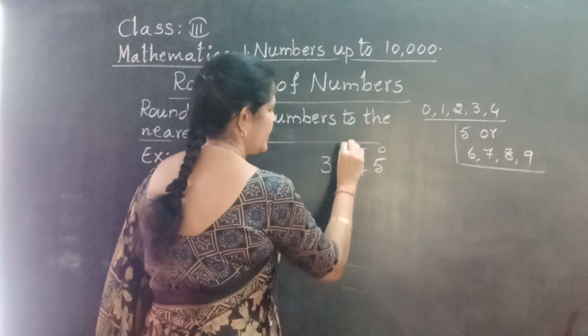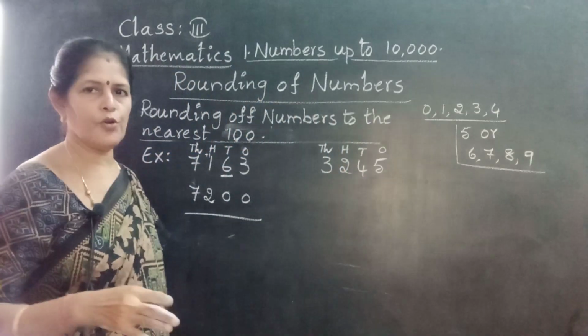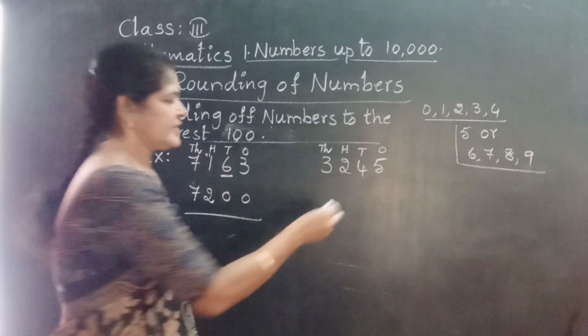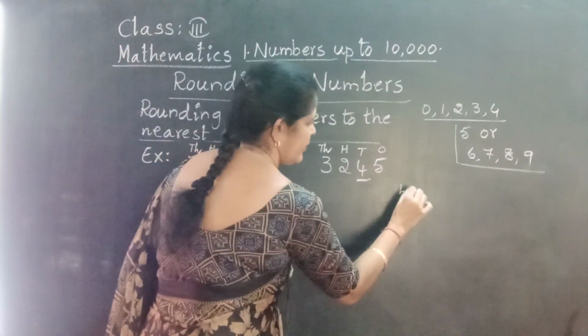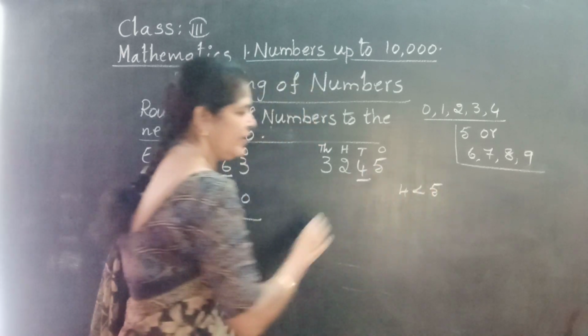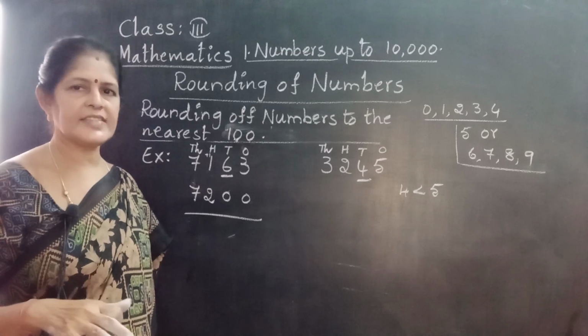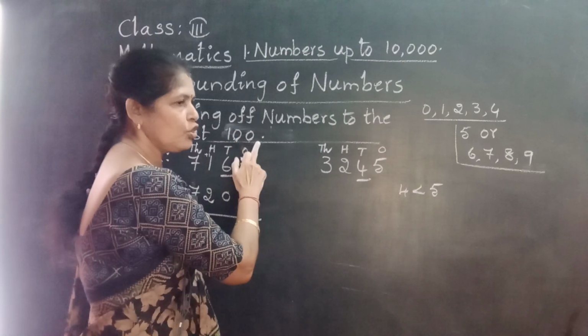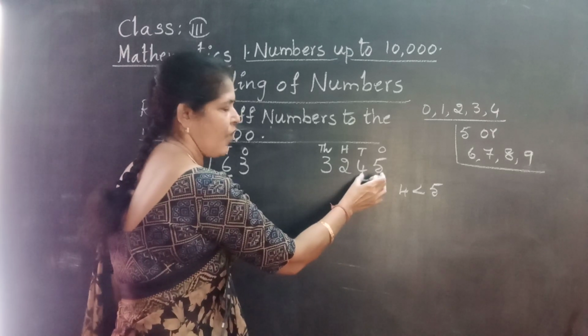Ones place, tens place, hundreds place, thousands place. Same rule. Check the tens place number. 4. 4 is less than 5. Then no need to add any number to the hundreds place. 100 has 2 zeros, write those 2 zeros in the tens and ones.